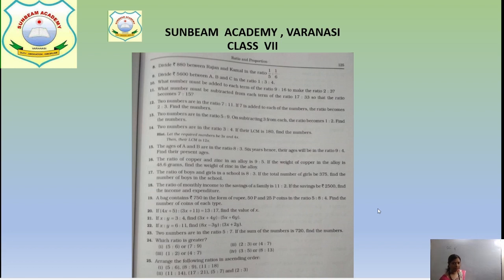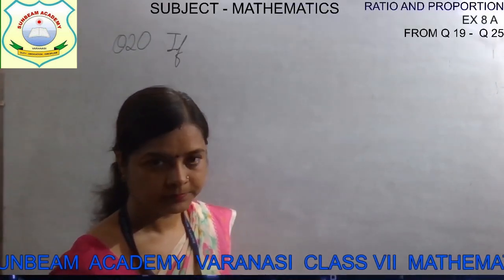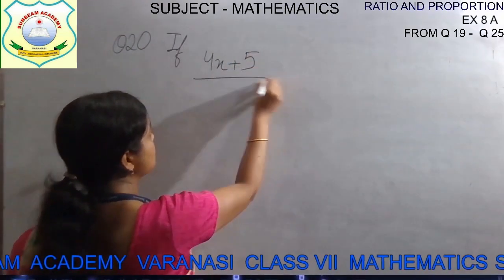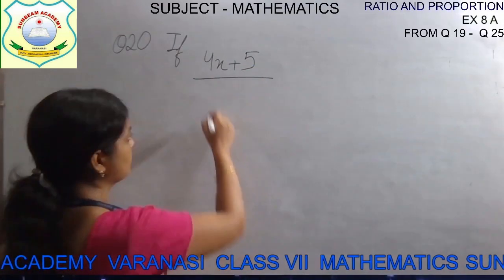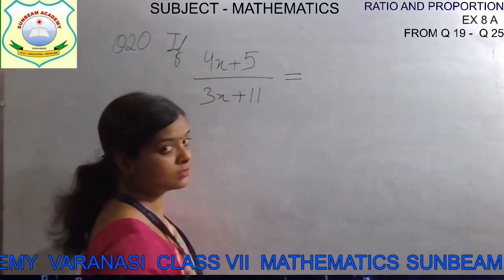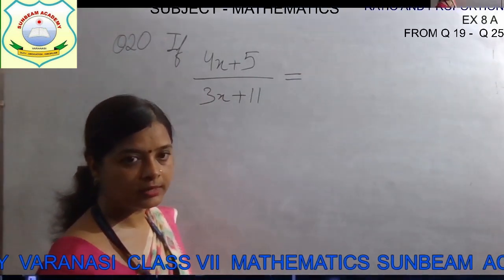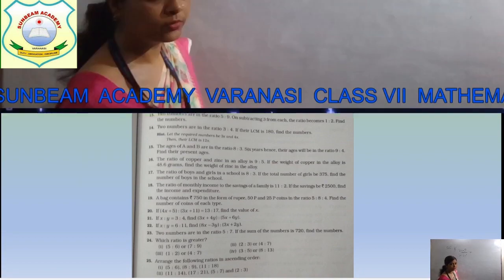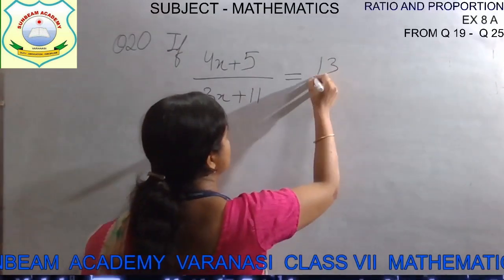If 4x plus 5 is to 3x plus 11 is equal to 13 is to 17, not 15. Okay, 13 is to 17.